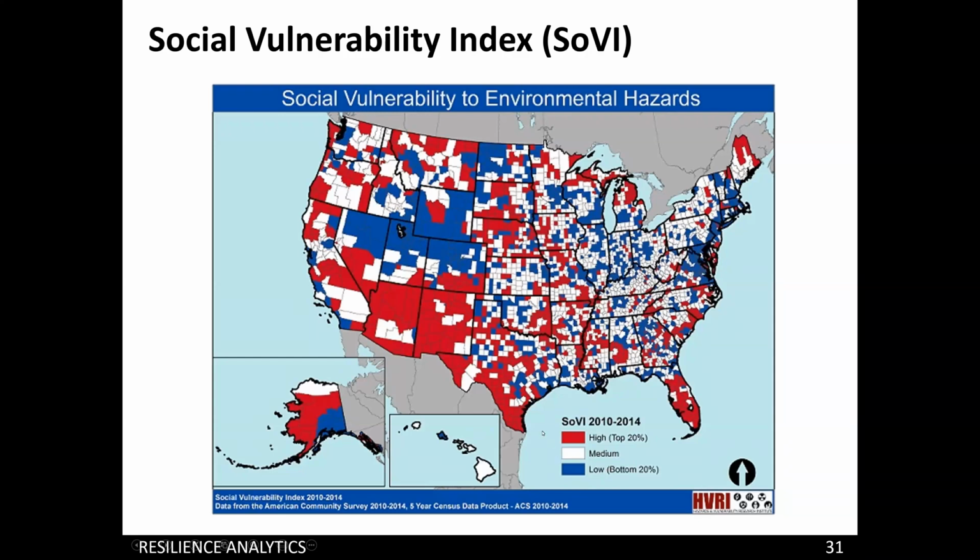And so that could be from a variety of things. Depending on the area, there could be different reasons why some of those different 11 factors result in high, medium, and low social vulnerability.